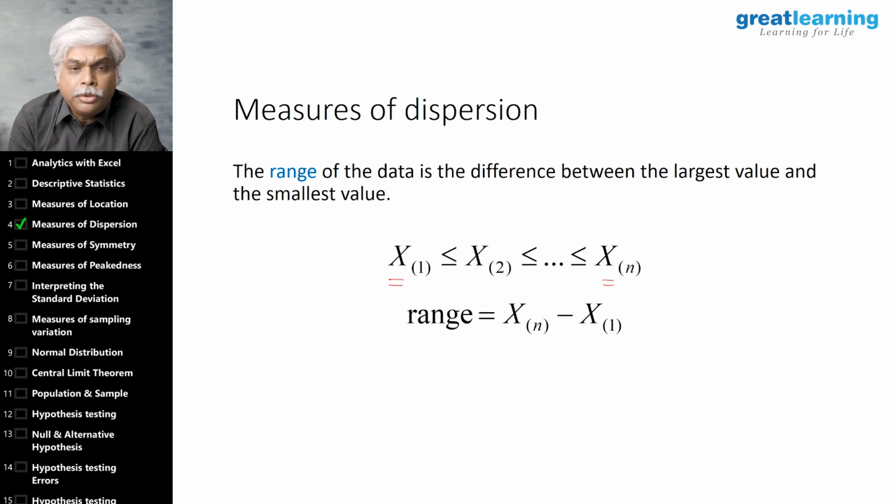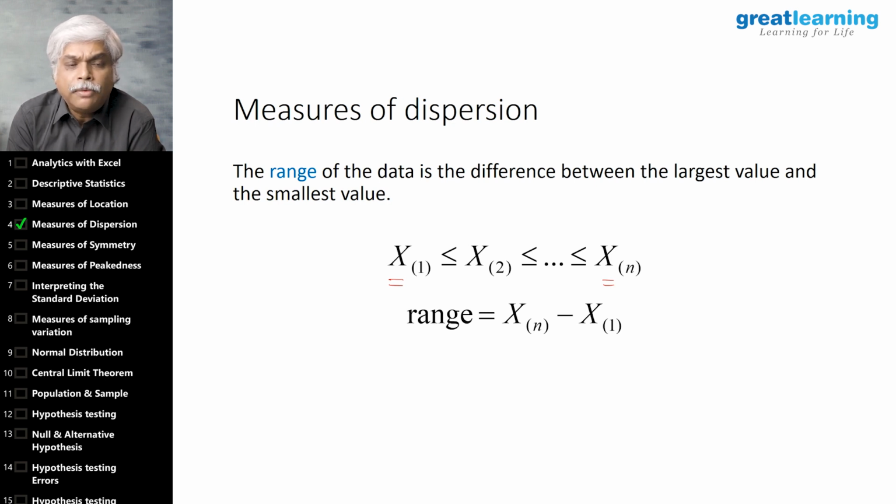If the range is 0, the only thing that can be true about the data is that all the observations are the same, which means x_n minus x_1 is equal to 0 because x_n is equal to x_1. Therefore, every observation is equal to the mean, which is equal to the median, and therefore there is no dispersion at all.